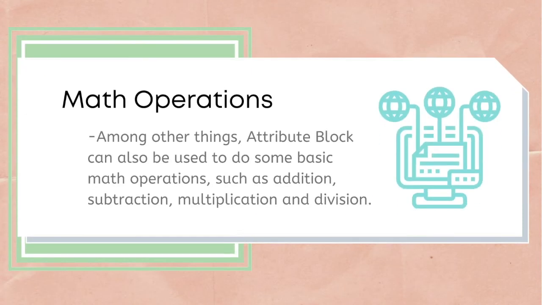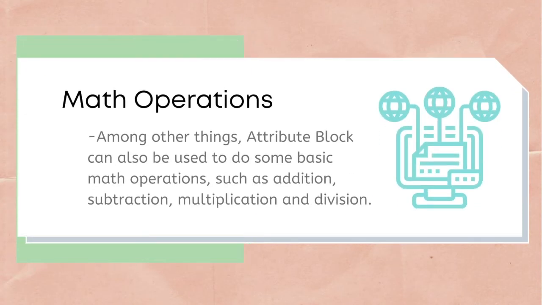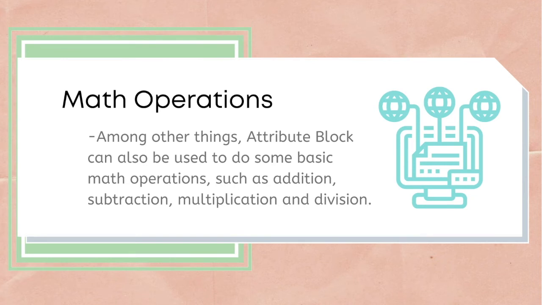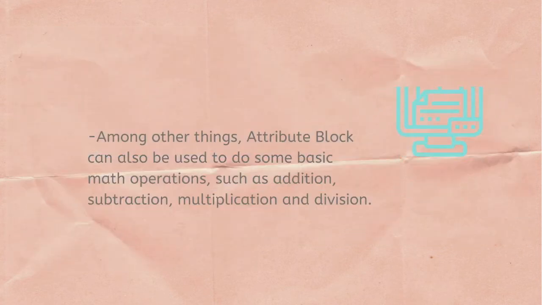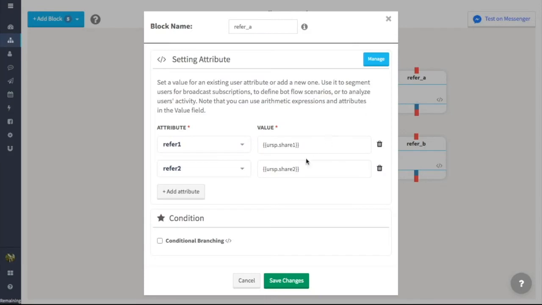For the last attribute, we have math operations. Among other things, the attribute block can also be used to do some basic math operations such as addition, subtraction, multiplication, and division. First, you need to get the numbers from the user, which can easily be done with the attribute block plugin.